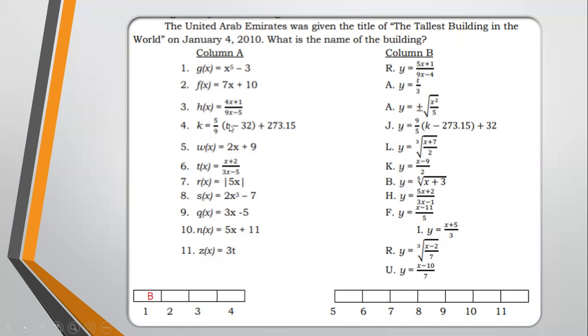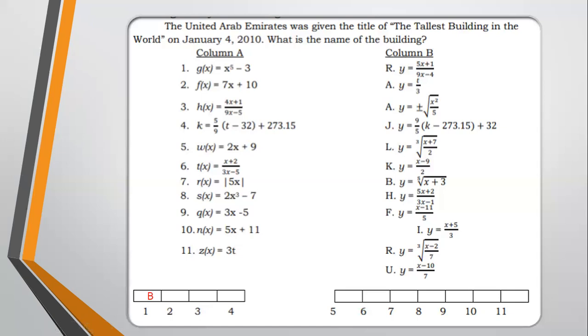Okay? So actually, if you will continue practicing on how to get the inverse of a given function, you will see that, like for this example, given x to the fifth, since the exponent is 5, you need to think of its inverse. And the inverse of 5, of course, is 1 over 5.